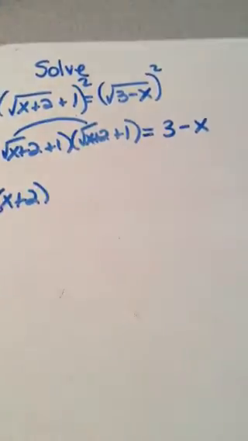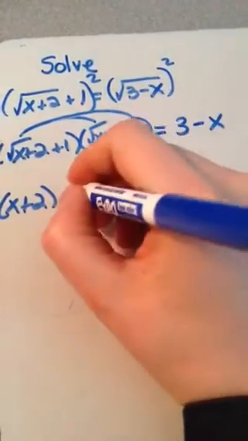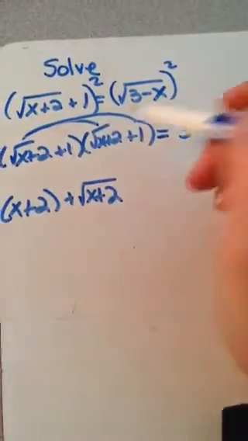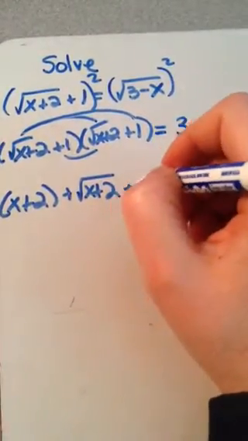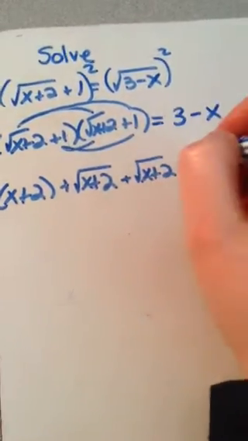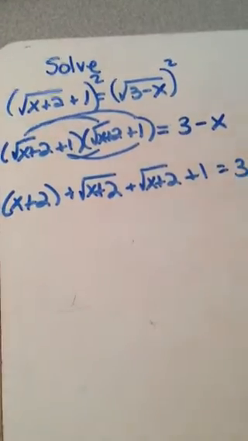Those radicals cancel. The square root of x plus 2 times 1 is just, well, the square root of x plus 2. And I'm going to get the same thing on the inside. And then here I get a 1. Still all equal to 3 minus x.